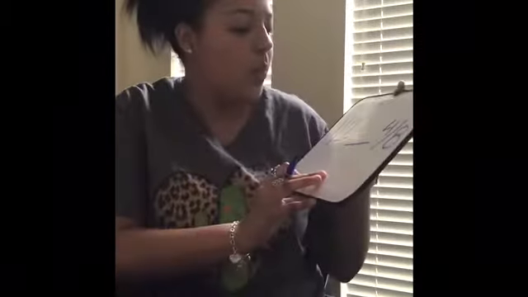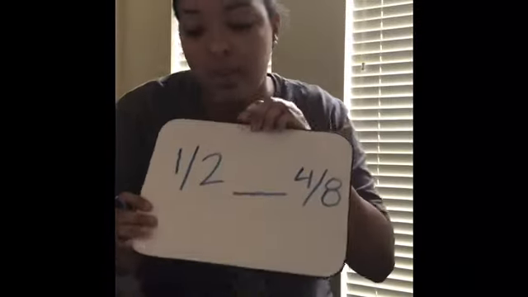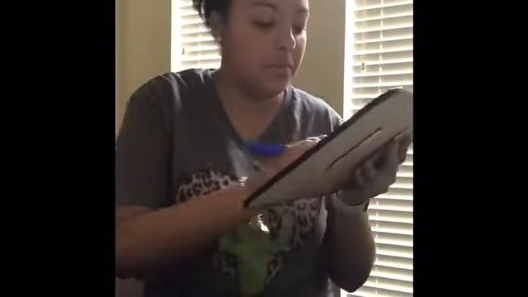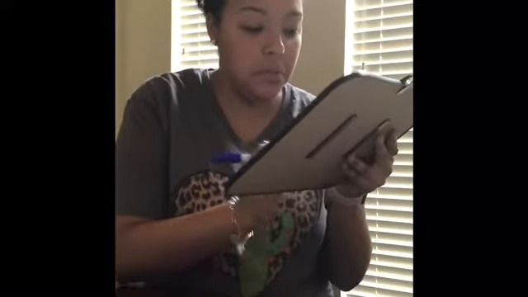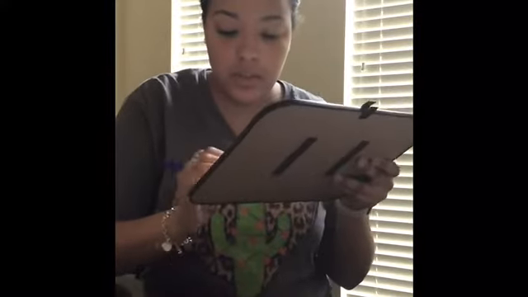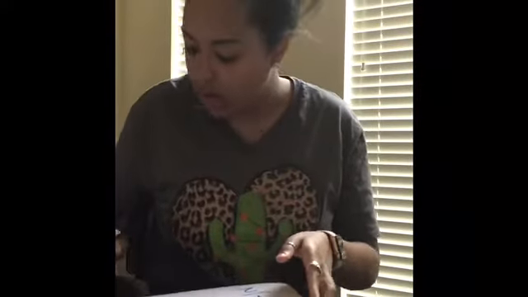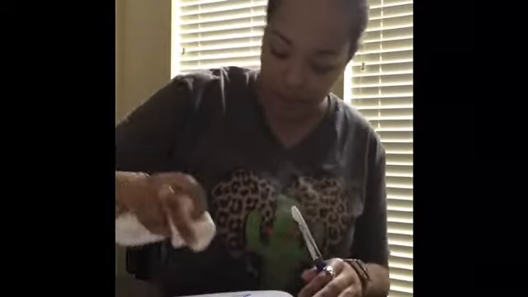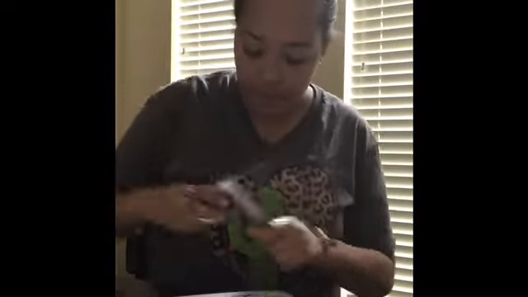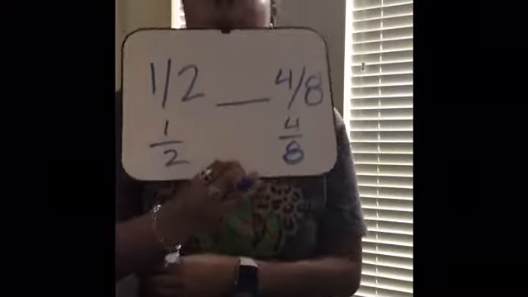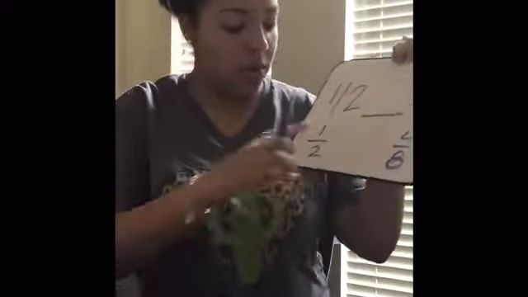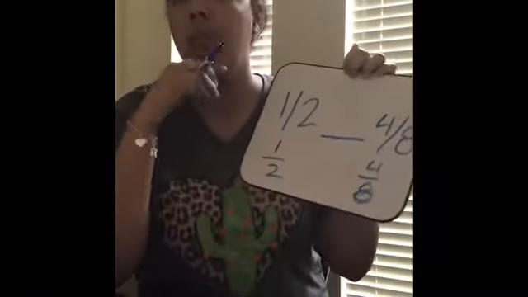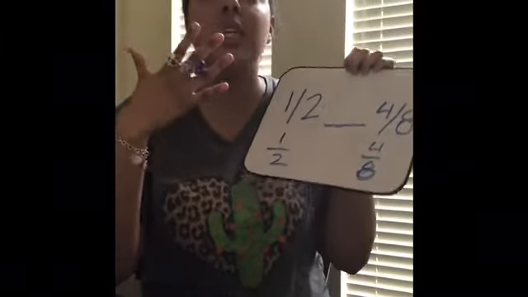Like, what do we see? I noticed, I'm going to write these vertically, so we can see them a little bit better. Okay. How did we get from 2 to 8? Like, what could we do to get from 2 to 8?